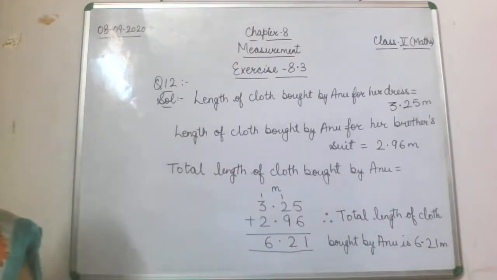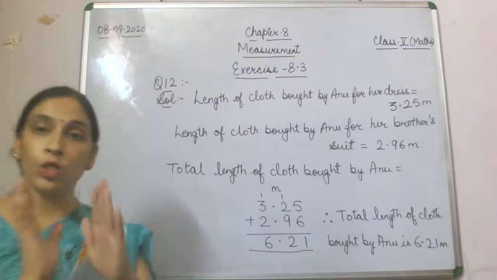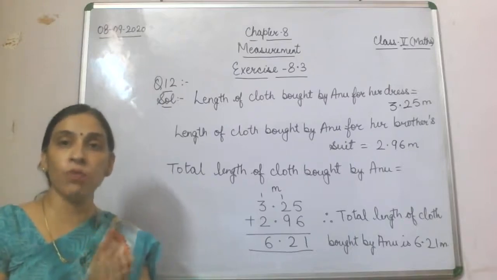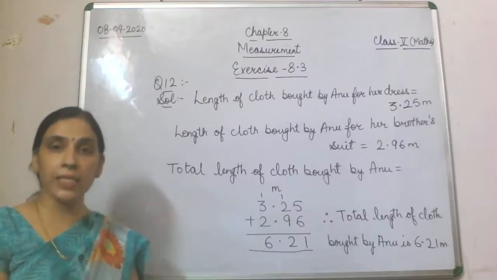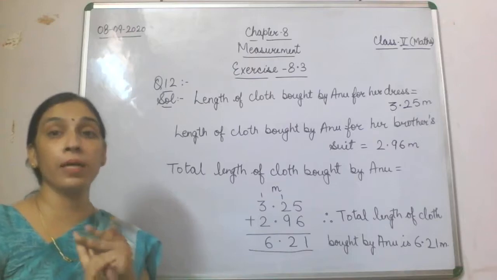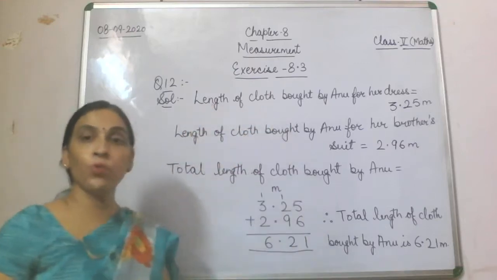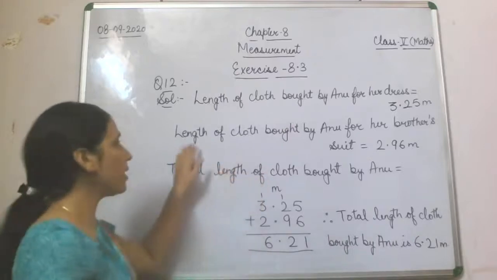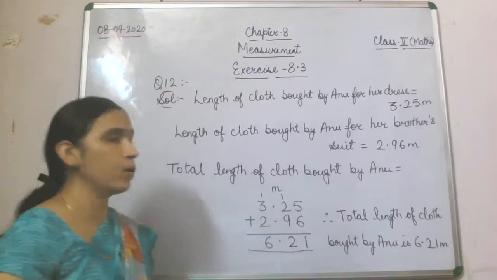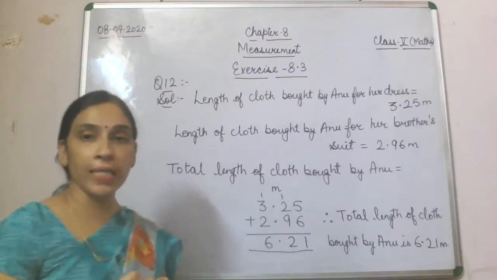So let's see what we have done in this question. In this question you have been given two different lengths of cloth bought by Anu, one for her dress and the other one for her brother's suit. So what is the length of cloth bought by Anu for her dress? That is 3.25 meter. Then second one, length of cloth bought by Anu for her brother's suit, that is 2.96 meter.